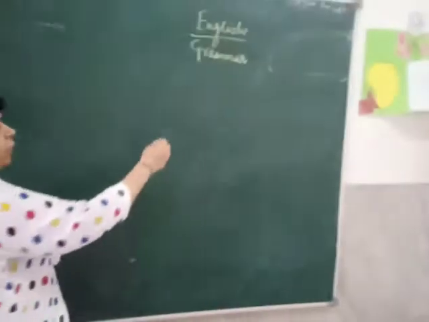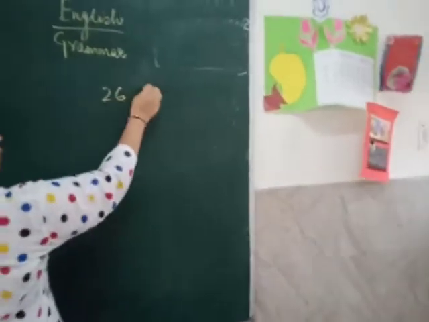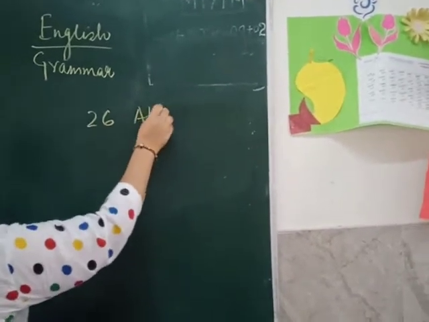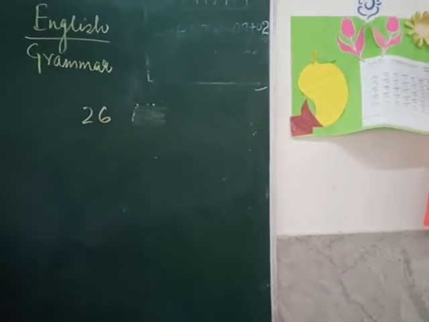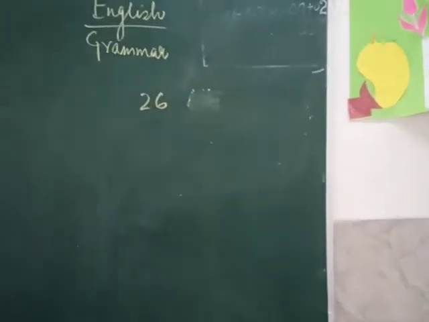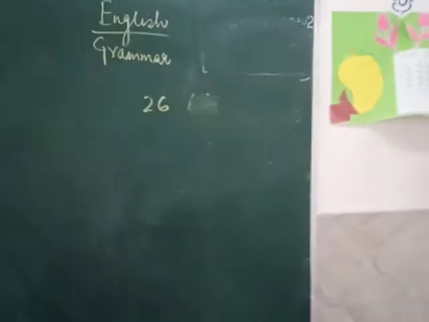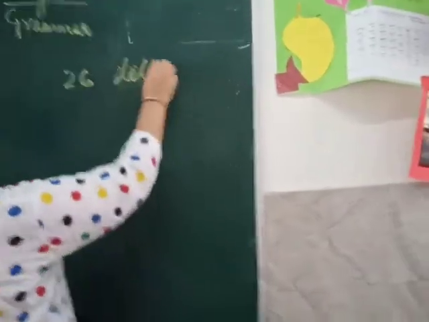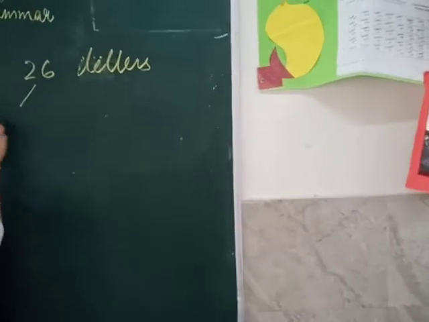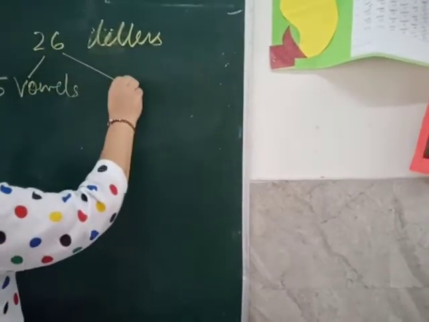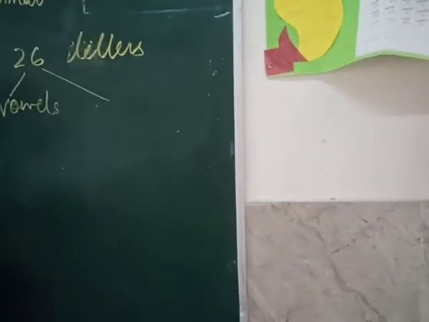First of all, I will let you know that there are 26 English alphabets. Out of 26 English letters, we have 5 vowels and the rest, that is how many? 20? 19?